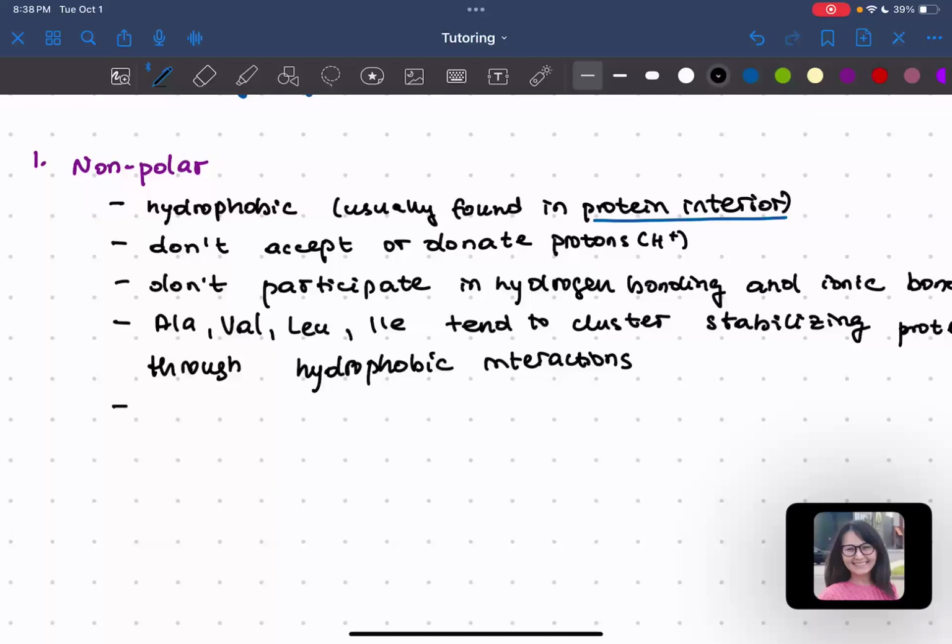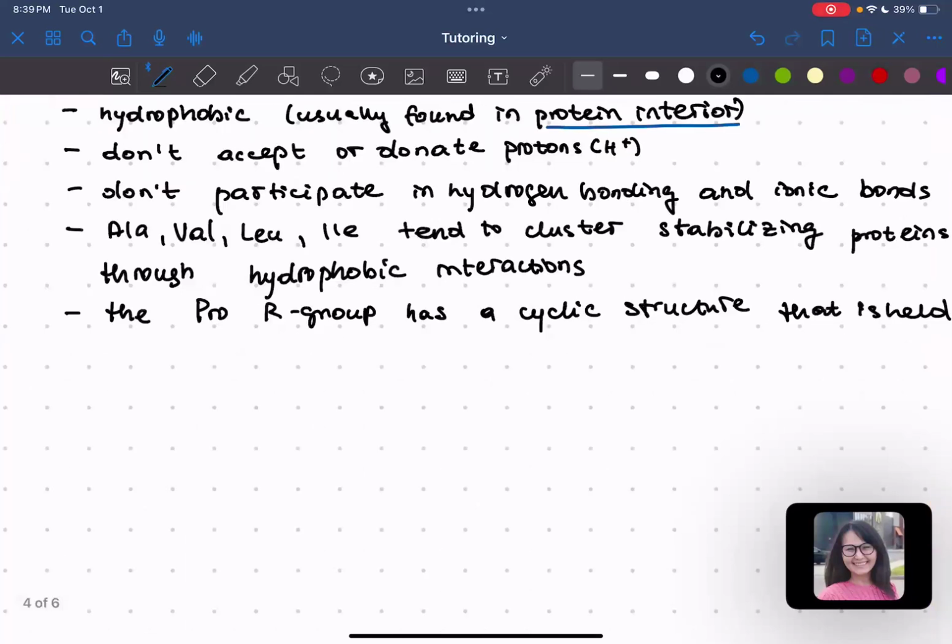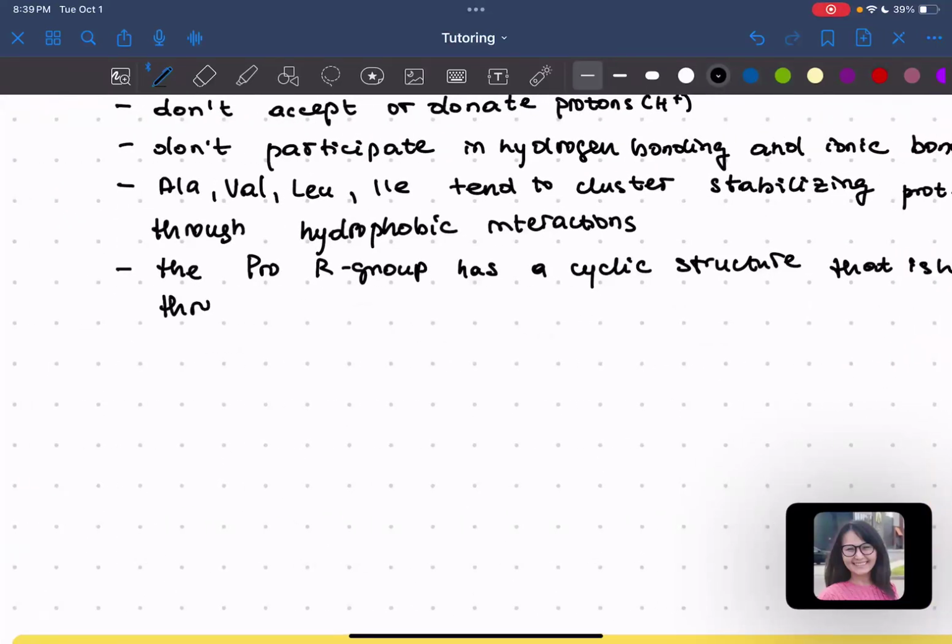Another is proline. The proline R group has a cyclic structure, and we're going to write them out and try to figure out what they are and how they look. Conformation.